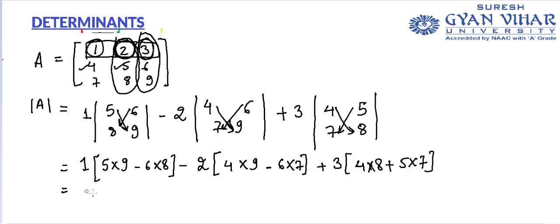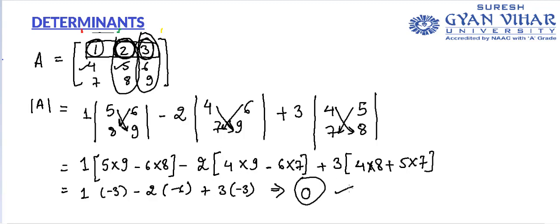Now you can write it as 1 times minus 3, minus 2 times minus 6, plus 3 times minus 3. So you will get the answer as 0. This is your basic mathematical calculation, and you will get the determinant as 0.